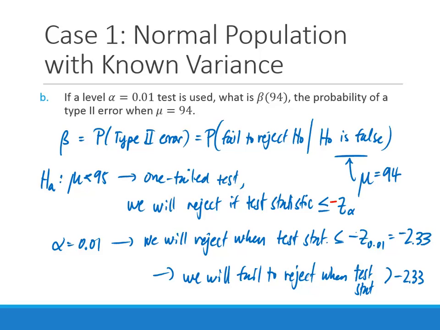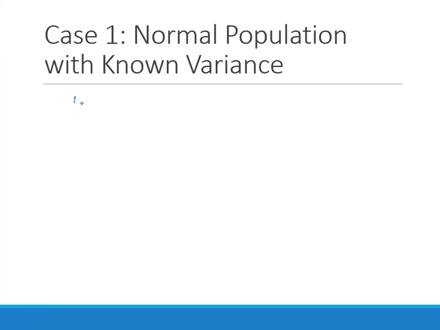Okay, so what that means here, we will fail to reject when our test statistic is bigger than negative 2.33.